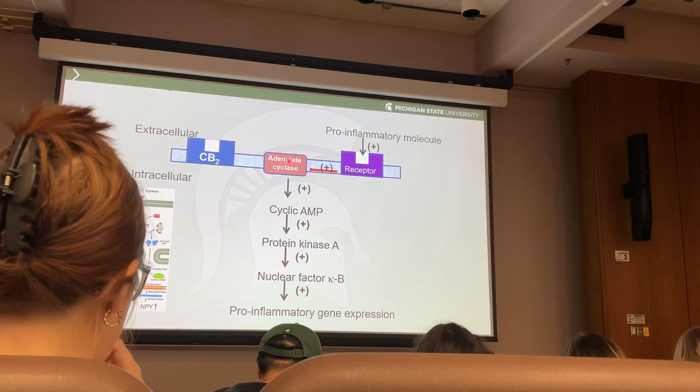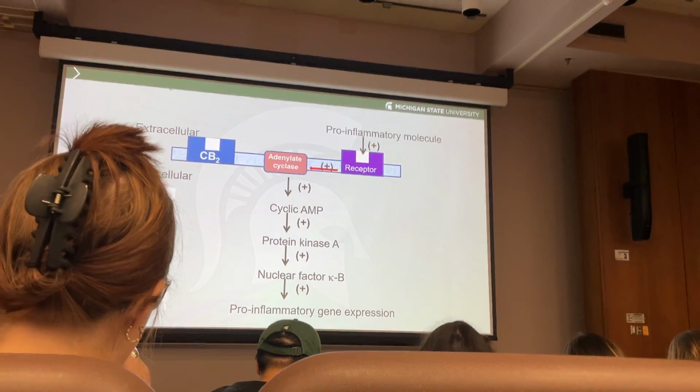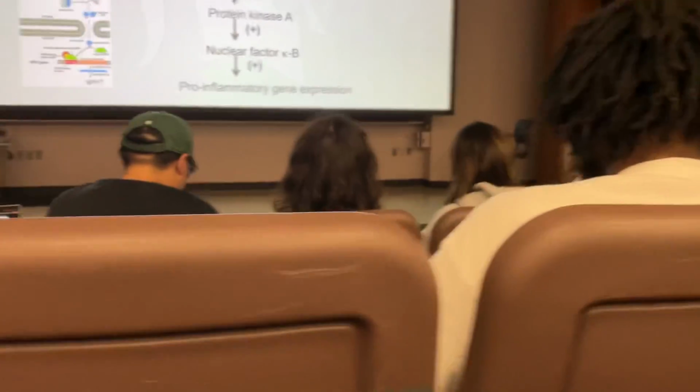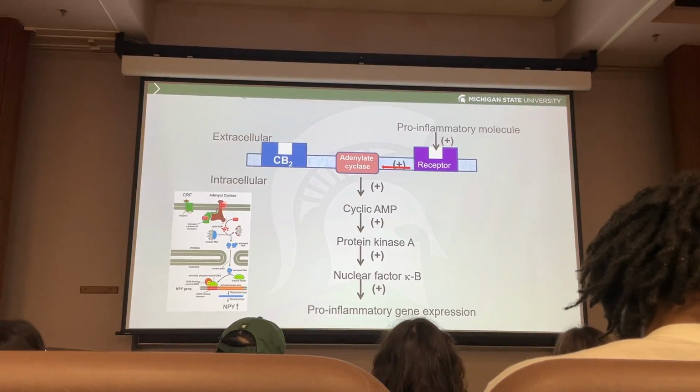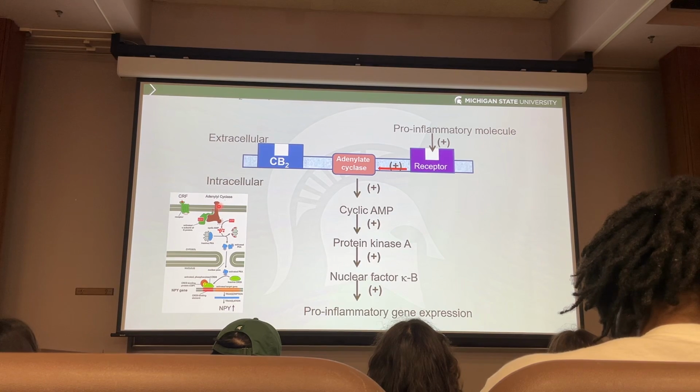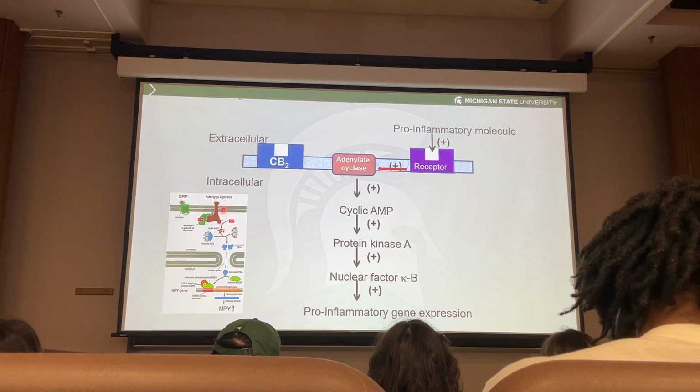Adenylyl cyclase and adenylate cyclase are the same enzyme, just two different names. It depends on who you read, where you train, and when you train. Just know they are the same thing.